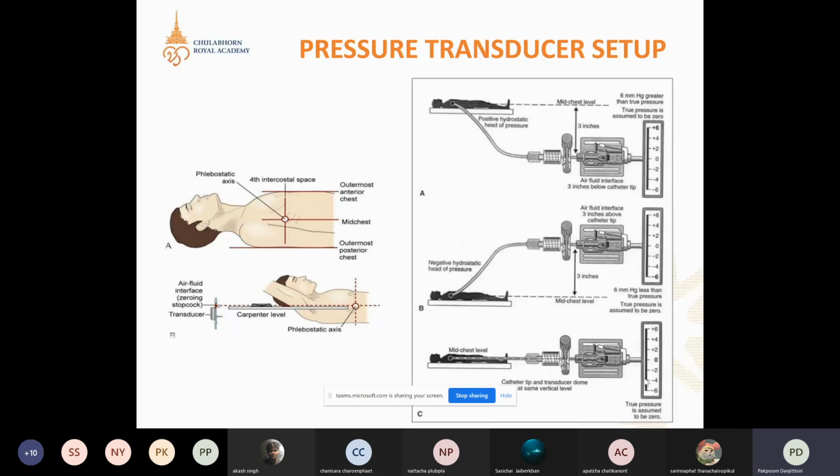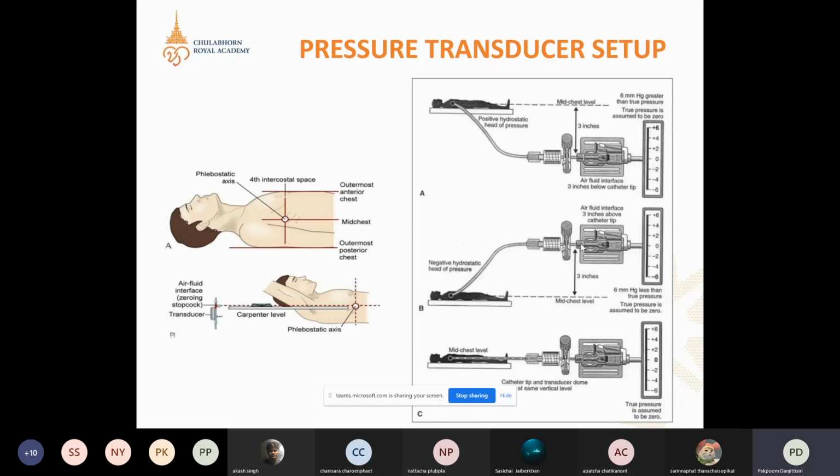If the pressure transducer is placed higher than the actual level, the pressure that you detect will be lower than the actual pressure.